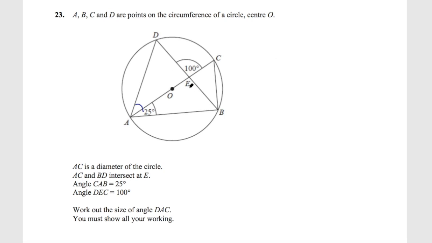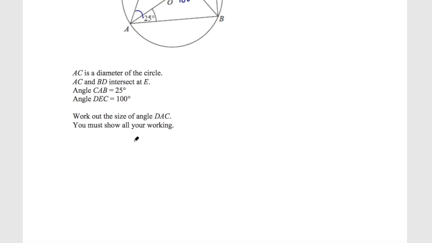So for example, I can work out this angle because it's vertically opposite, DEC, AEB must be 100 degrees. So that's where I'm going to start. Angle AEB equals 100 degrees because they're vertically opposite.